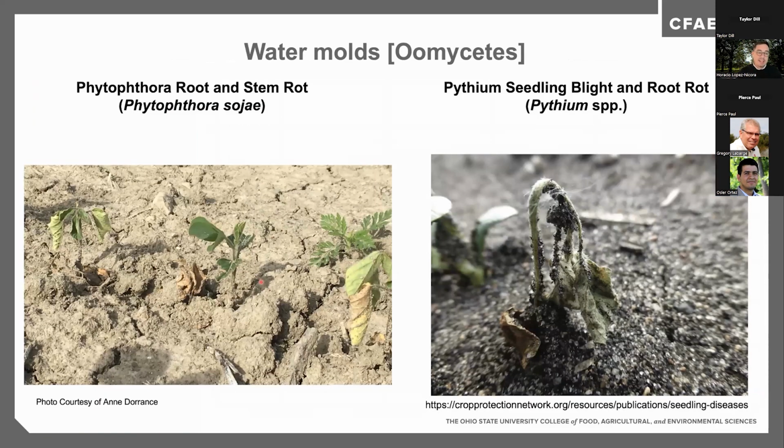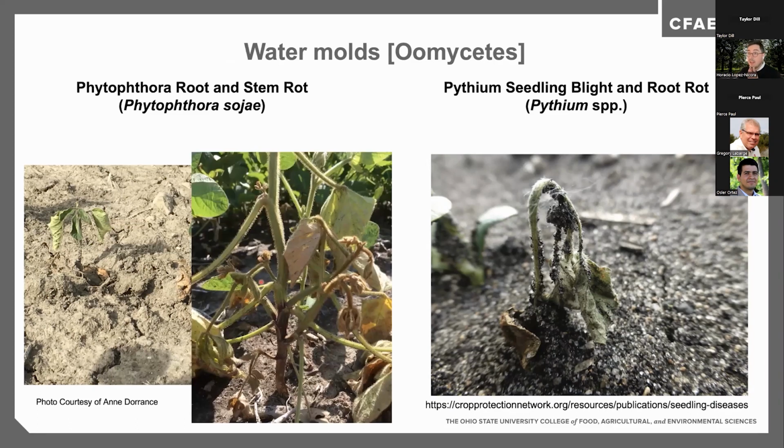With this, I want to remind, of course, everyone that there are other pathogens that will or can cause seedling problems. The water mold, in this case we talk about Phytophthora and Pythium, Phytophthora even being a problem later on.